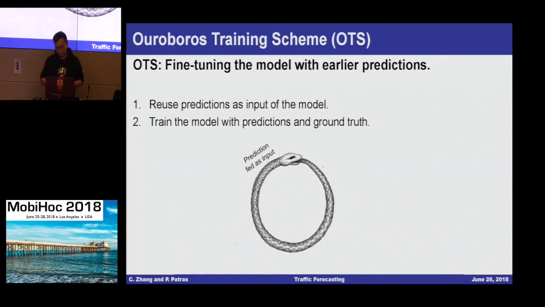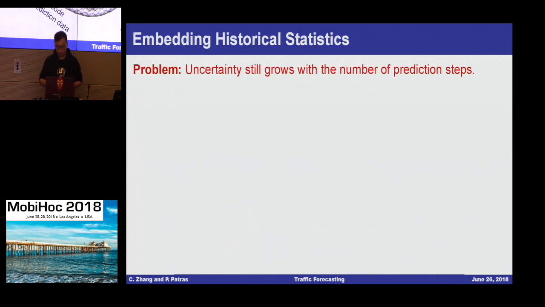Once we get the prediction from the STN at t, we just feed the prediction as input, then we have the encoder to encode this spatio-temporal feature, and this will be subsequently decoded into the final output. And then we get the prediction at t plus 1, then we just minimize the difference between prediction and ground truth. So this will allow us to get better performance when the ground truth data is missing.